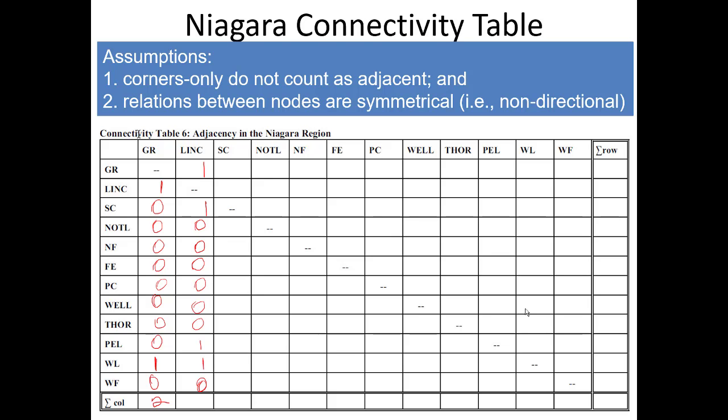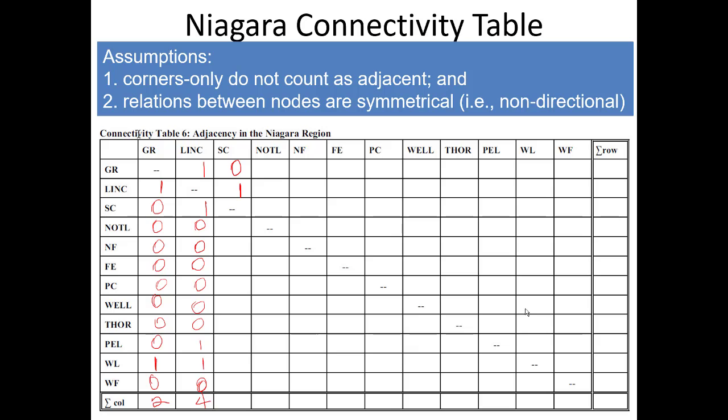The nice thing about drawing this on the map is that it's often easier to see the connections. I refer back to my map, and indeed Lincoln does have 1, 2, 3, 4 neighbors. So I put a 4 here, which we would also get just by adding 1 plus 1 plus 1 plus 1. St. Catharines, let's go up here, does not border Grimsby. It does border Lincoln.